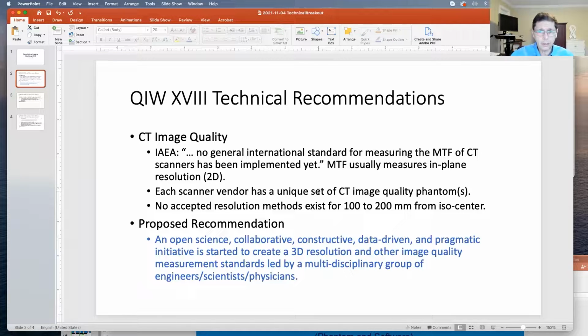They don't follow those recommendations. And secondly, they're not specific enough. So again, we're working at a deficit because we haven't had a chance to see any of the technical presentations. Yes, there is no accepted standard right now for measuring resolution in CT scanners.